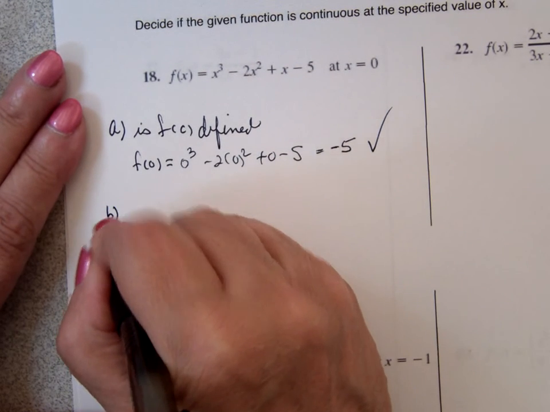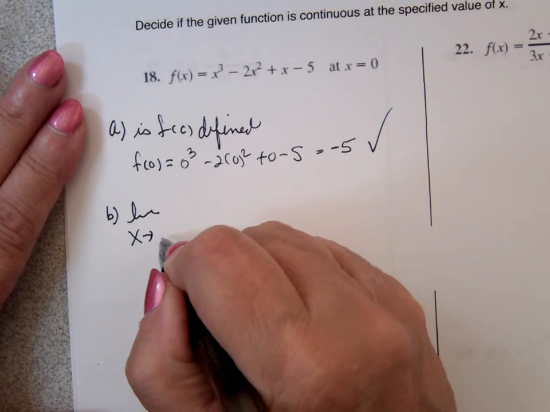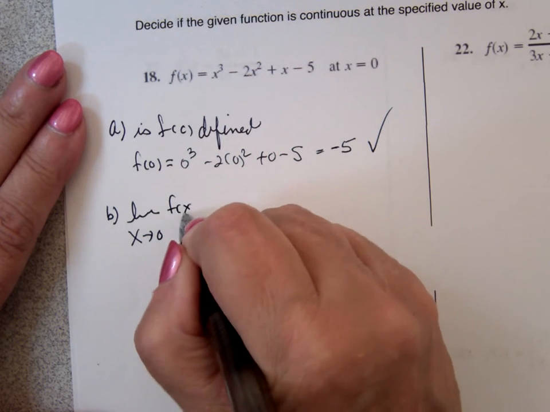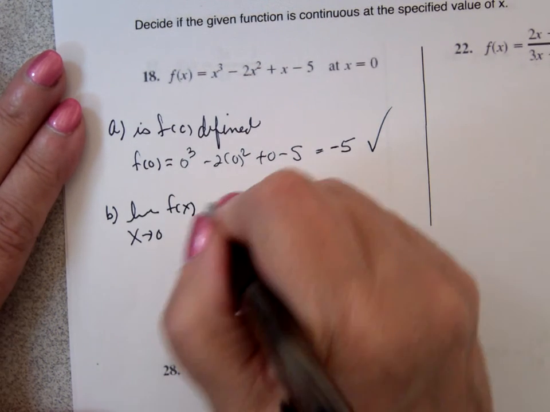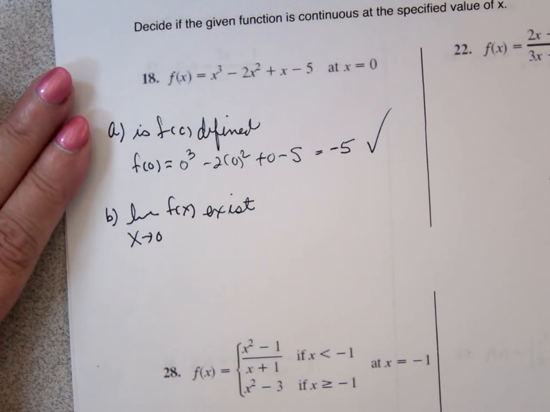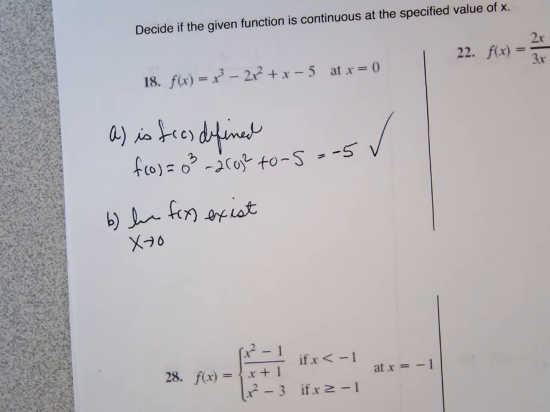B. Does the limit as x approaches 0 of f of x exist? Well, how do I do the limit as x approaches 0? What do I need to do to take the limit?